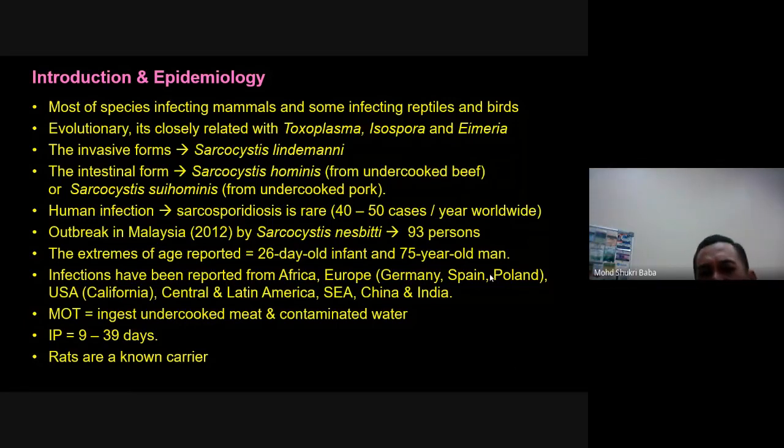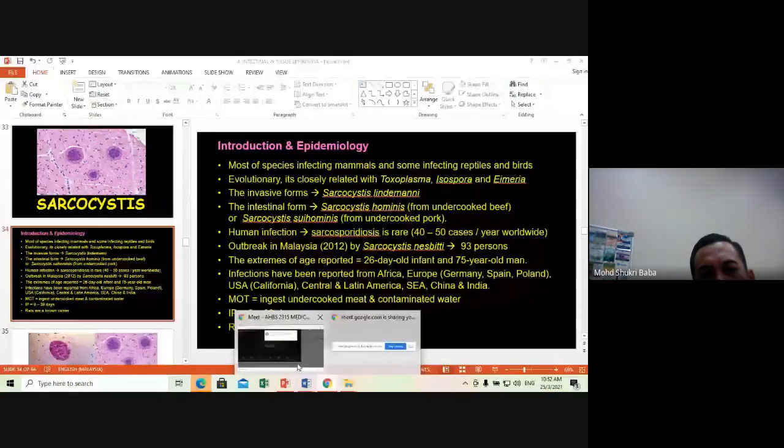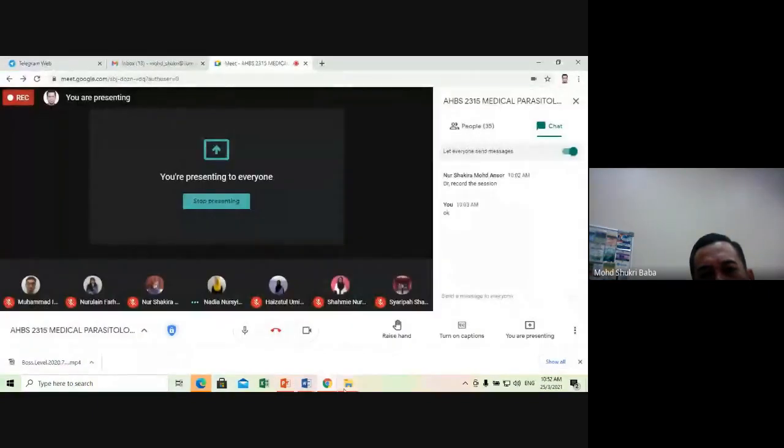Golongan dewasa, tak kira lah men ke ataupun woman ke, tapi apa yang saya nak nyatakan dekat sini adalah mereka yang terlalu muda, baru 26 hari, ataupun umur 1 bulan, dan juga mereka yang terlalu tua. Okay, so that is the extremes of age being reported.